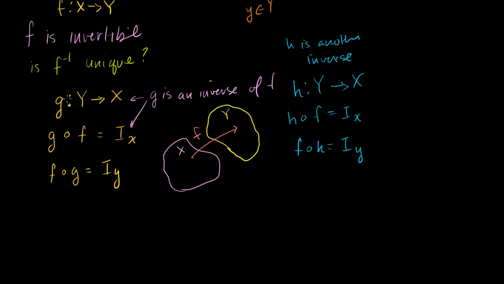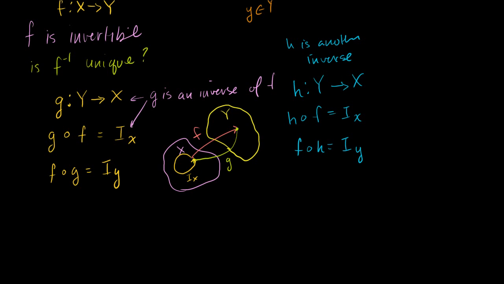So we're saying that g is such that if you take the composition of g with f, you get the identity function. So you go back to the same point. Taking the composition of g with f means doing f first, then g. This is equivalent to just taking the identity function on x, so just taking an x and going back to an x. So this is g right here. And the same thing is true with h.